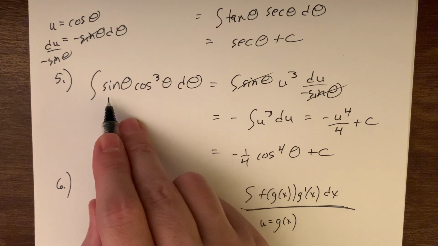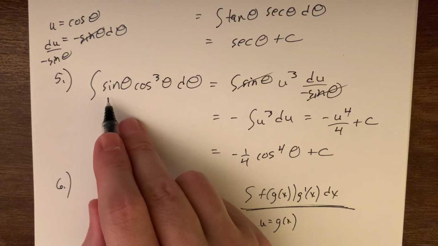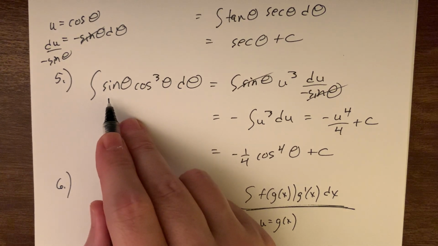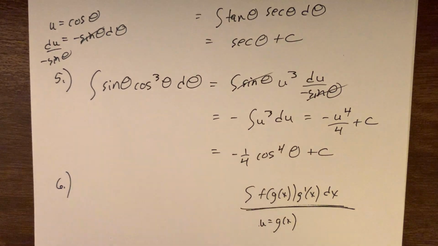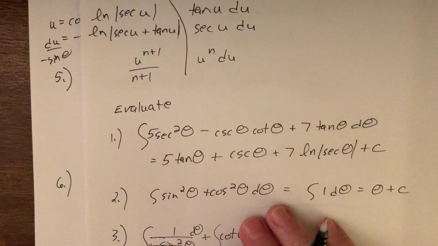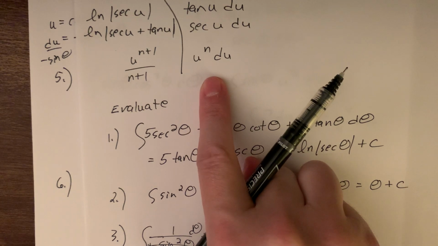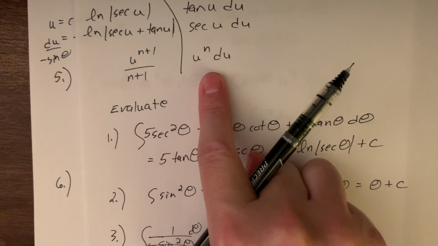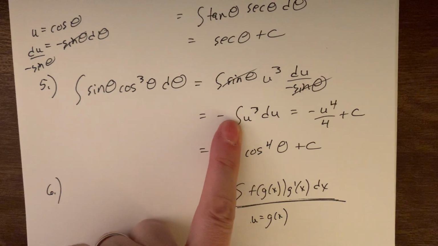So the idea with some of these ugly, fancier trig integrals is to have one trig function to a power and the derivative of that trig function sitting next to it. That's why I made this extra note on our chart, everybody, because that's where so many of these U substitutions are going to go. They're going to work just like this one did.